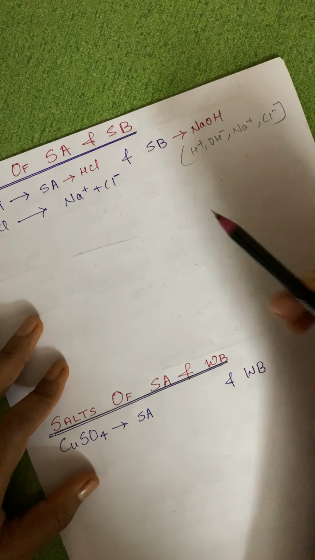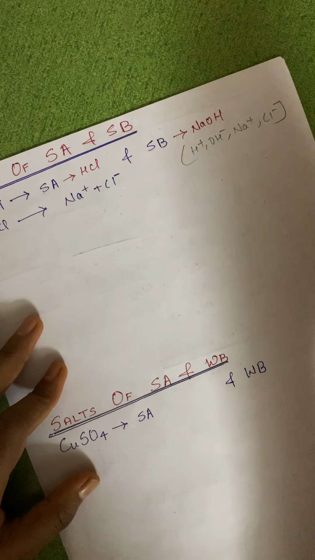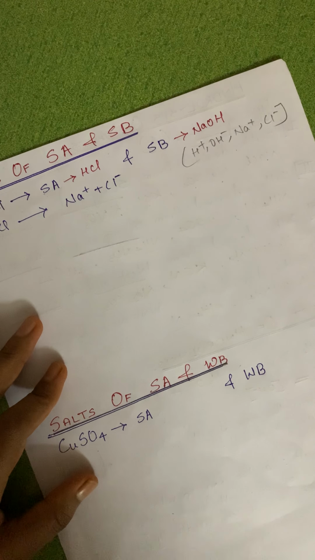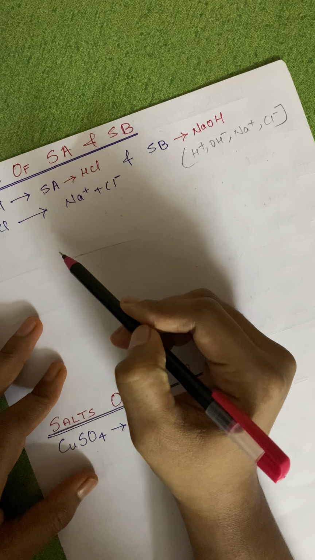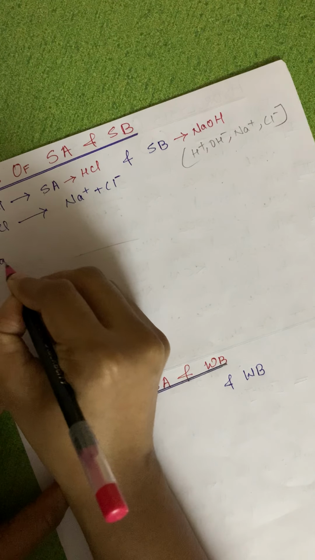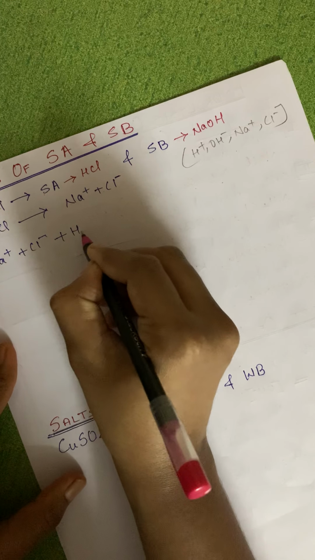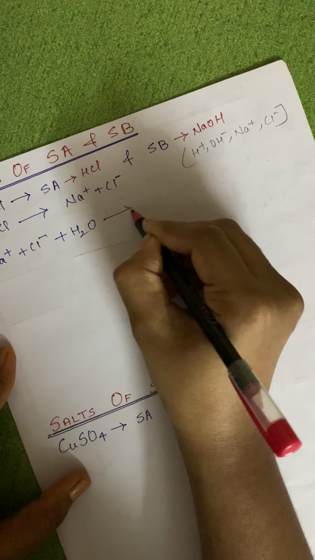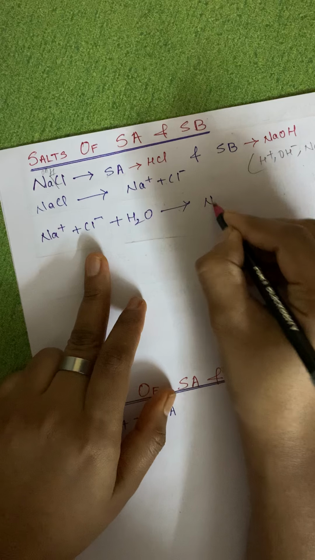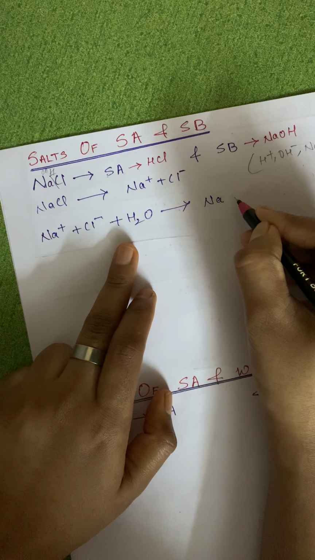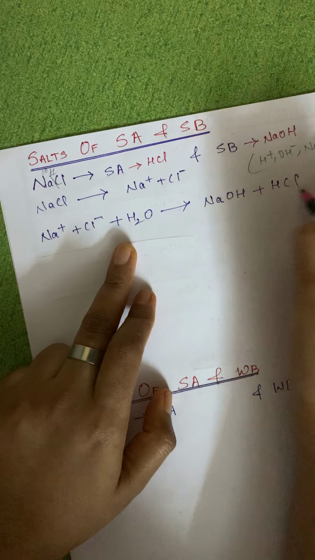Now, since all these are there, the ones generated will try to react with water. Na plus and Cl minus will be reacting with water. The possible products over here will be NaOH plus HCl.